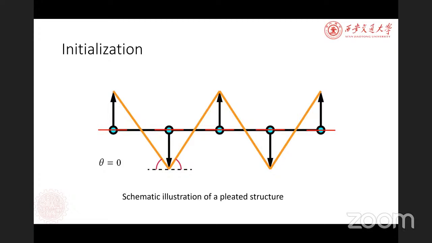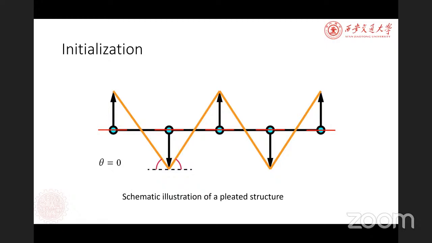And we assume that after the offset, the osculating plane of the offset curve is approximately similar to the osculating plane of the original curve.